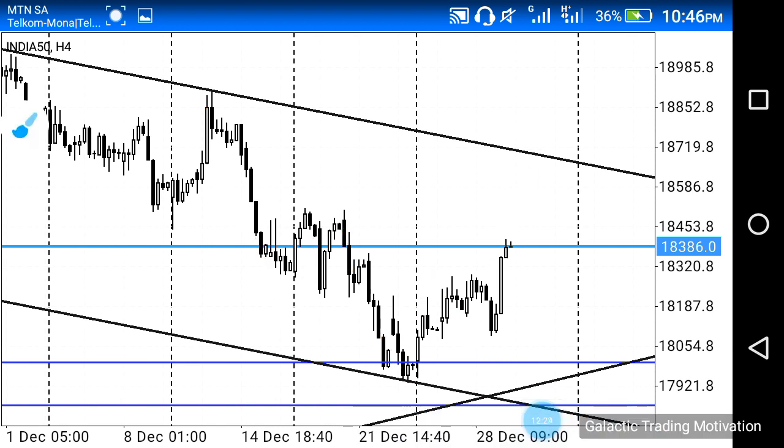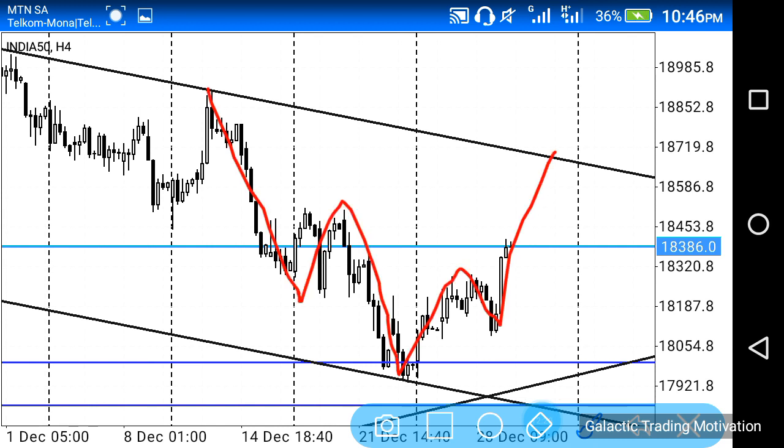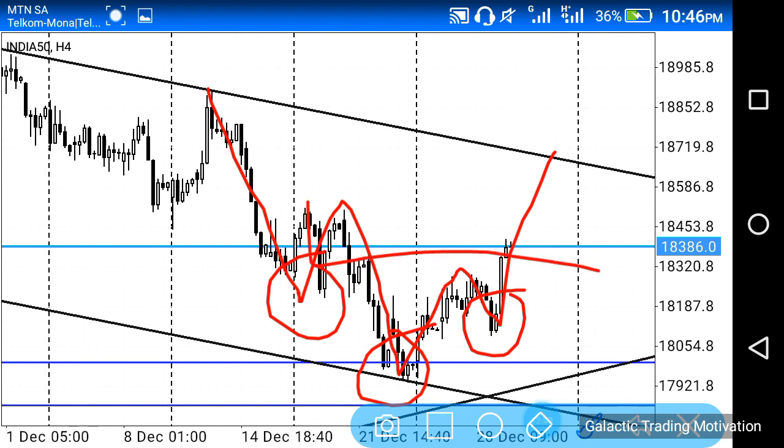Let me just actually draw that properly so you guys can see exactly what it is that I'm referring to, right? We have this pattern over here where we have the left shoulder of that inverted head and shoulders pattern, we have the head at this point and the right shoulder at this point, and we can say that more or less the neckline is at around this area, right?